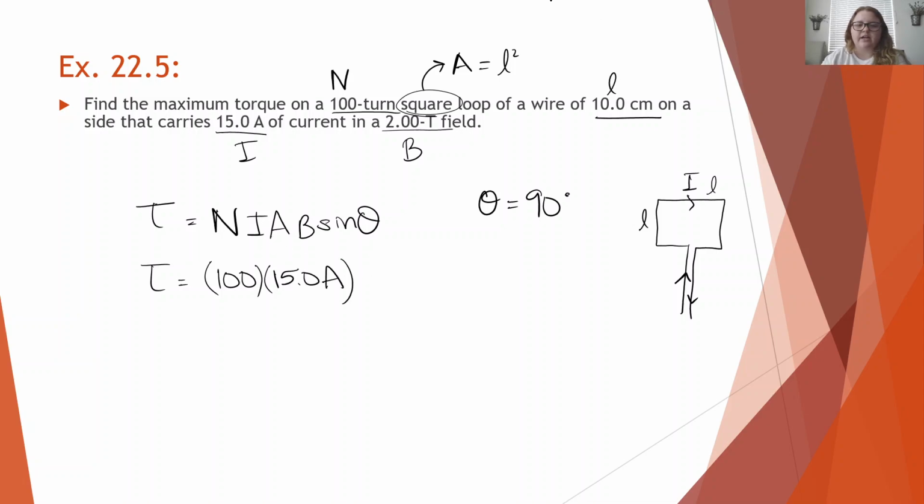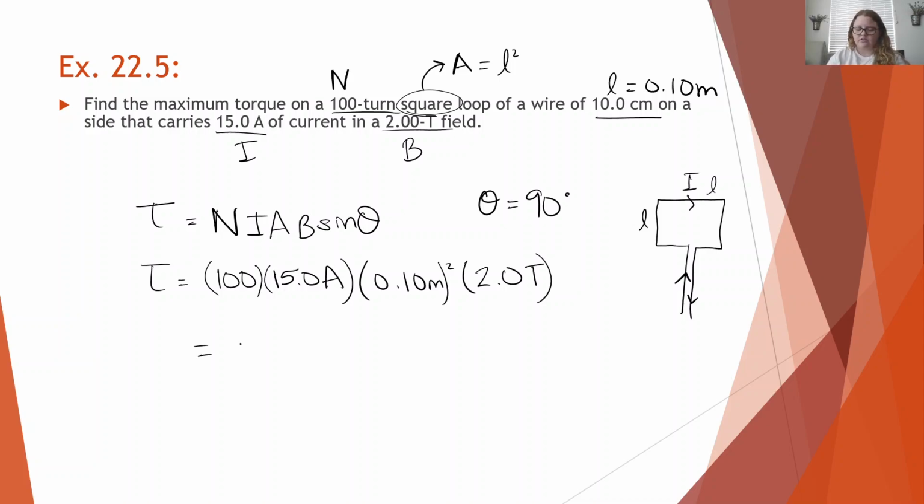The area is going to be L squared, so it will be 10 centimeters or 0.10 meters, squared to find that area piece. And then our magnetic field B is 2 Tesla.